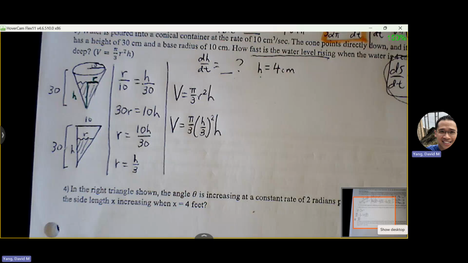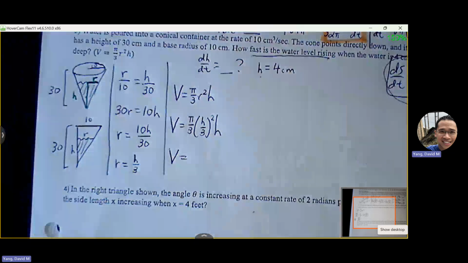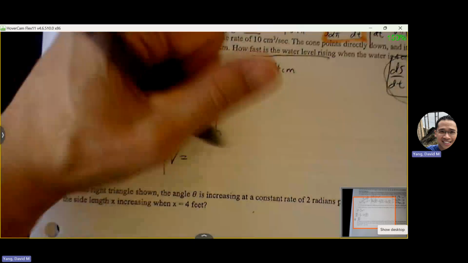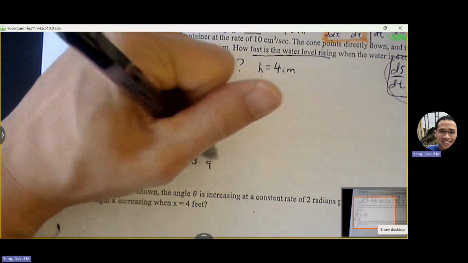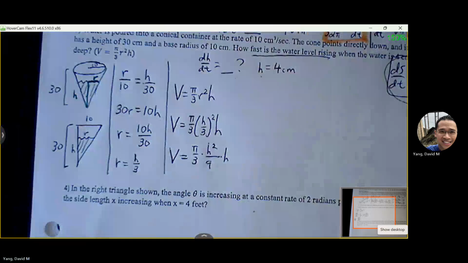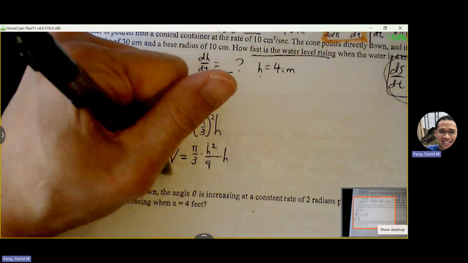We prefer not to go through a combination of product and chain rule to get to the derivative. It should be a nice, clean, just power rule. But let's continue cleaning up and merge the variables together, push the coefficients out in front. So pi over 3 times h squared over 9 times h. I can push out the coefficients, pi over 27, and have that out in front. I can merge the h's together, make it h cubed.